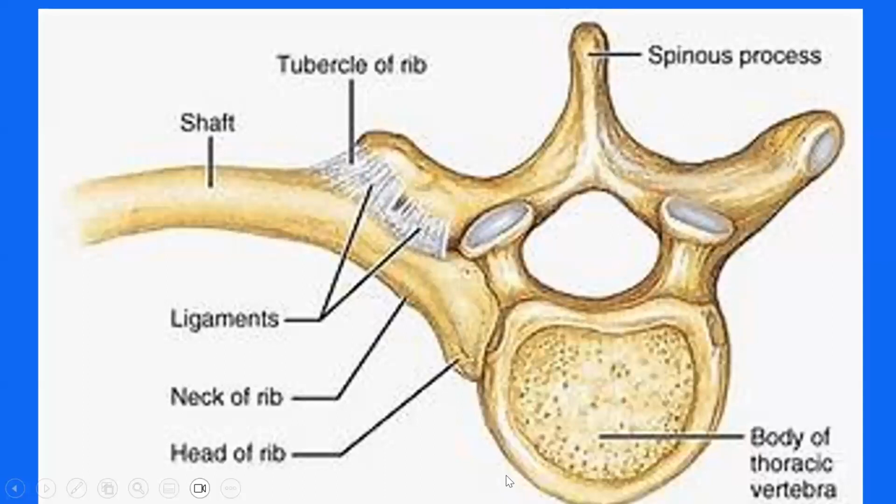Over here, you have two attachments, one to each side of the vertebral body. So you have a good fixation, and for this reason it's much harder to fracture the thoracic spine. But you have to think of something else.